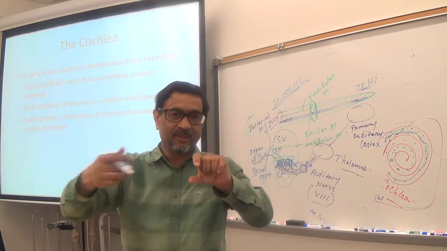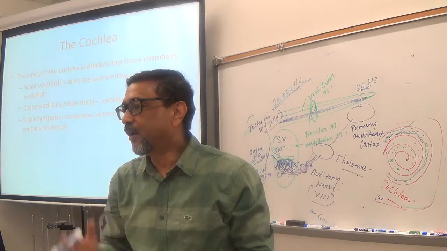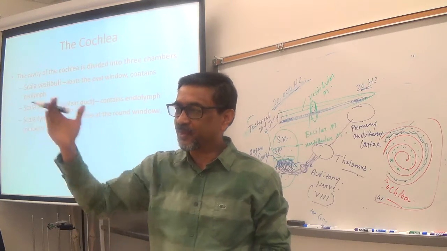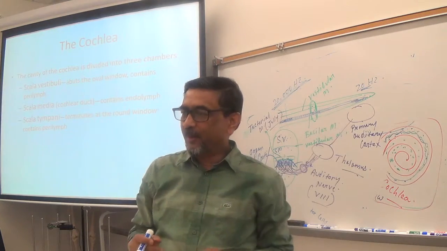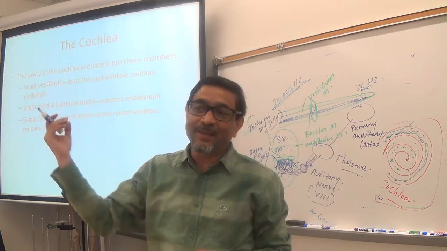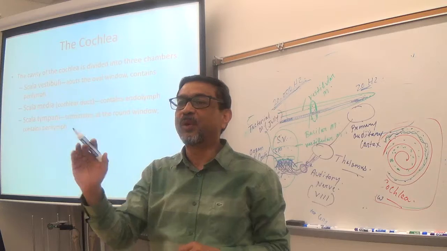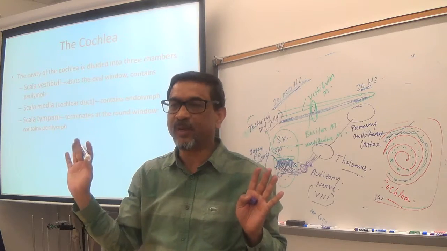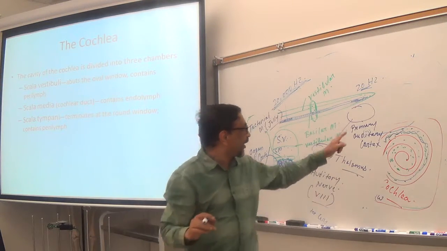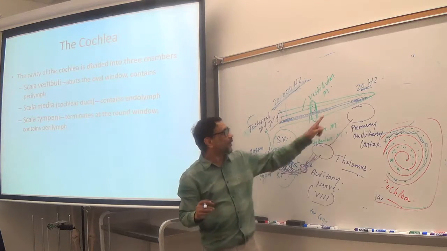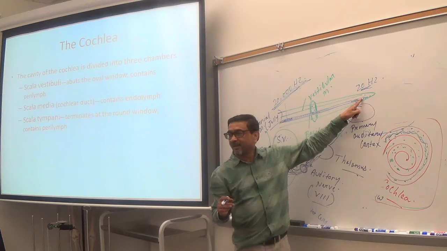Make sense? Increase the area. So all the hair cells of all frequencies are present there. Did you get it? If I listen to a very low frequency sound, like 20 times per second, that is 20 Hertz, right? That will activate the hair cells here.